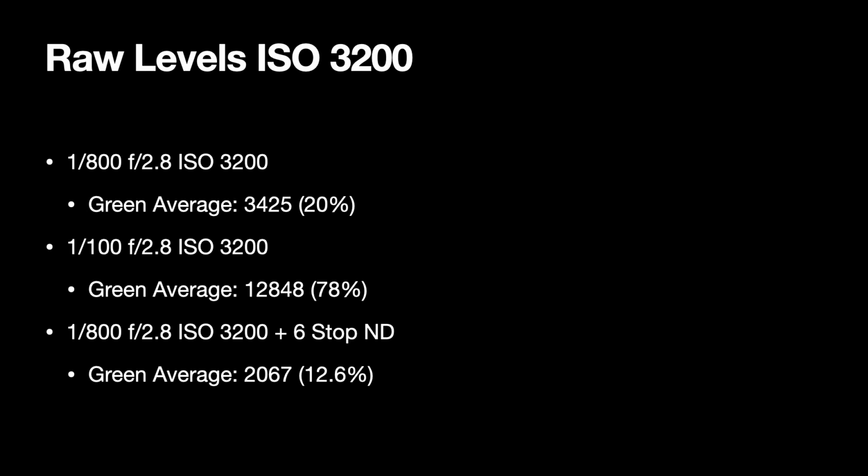Pushing the exposure up another third stop absolutely clips the histogram and results in green channel values of 15,575. This is 95% of the clipping point, leaving less than a tenth of a stop of headroom compared to the quarter stop of headroom that we had at ISO 100 at the same settings.